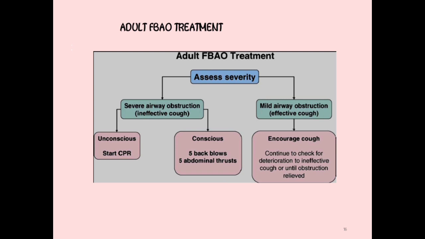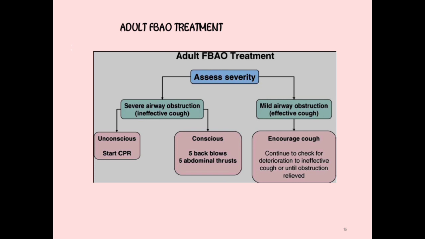Now let's see the treatment of adult FBAO. First of all, we assess the severity. If there is a mild airway obstruction, meaning the cough is effective, we encourage the cough and continually check for deterioration to ineffective cough or until the obstruction is relieved.